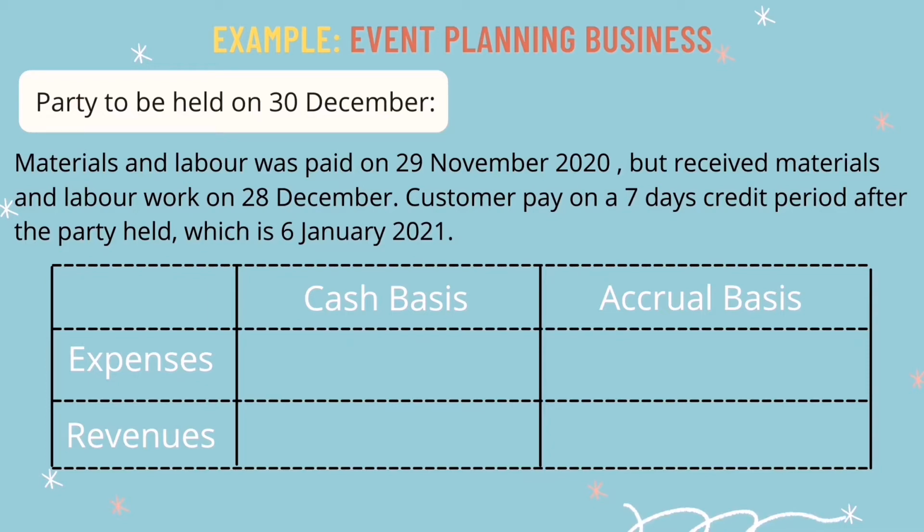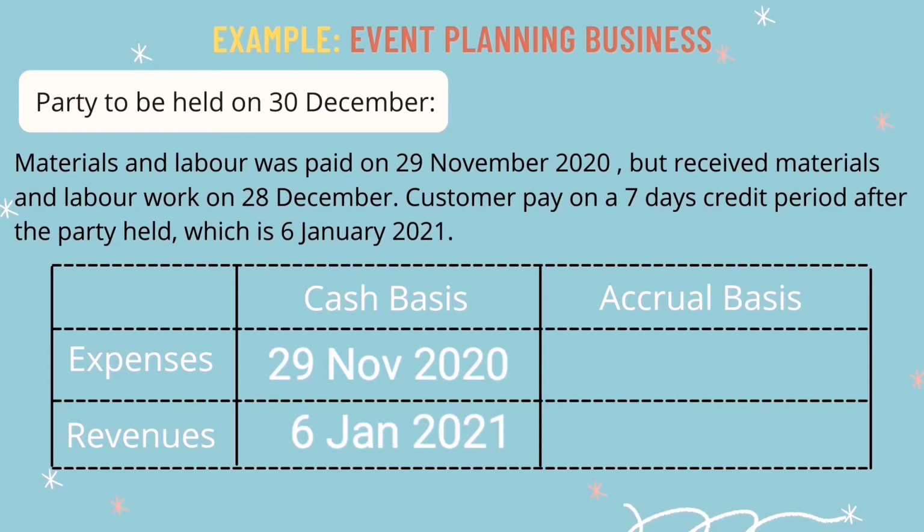So if we are using the cash basis accounting, expenses are going to be recognized when we pay the money for the materials and labor, which is 29 November 2020. And the revenue will be taken into account when we receive the money from the customer, which is on 6 January 2021.